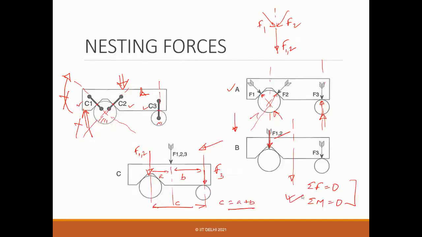Suppose what I want to have is F1, F2, and F3 all equal. What is the position and the magnitude of F123? What you realize here is that one force should be able to provide enough nesting force, and all the contacts can be made.